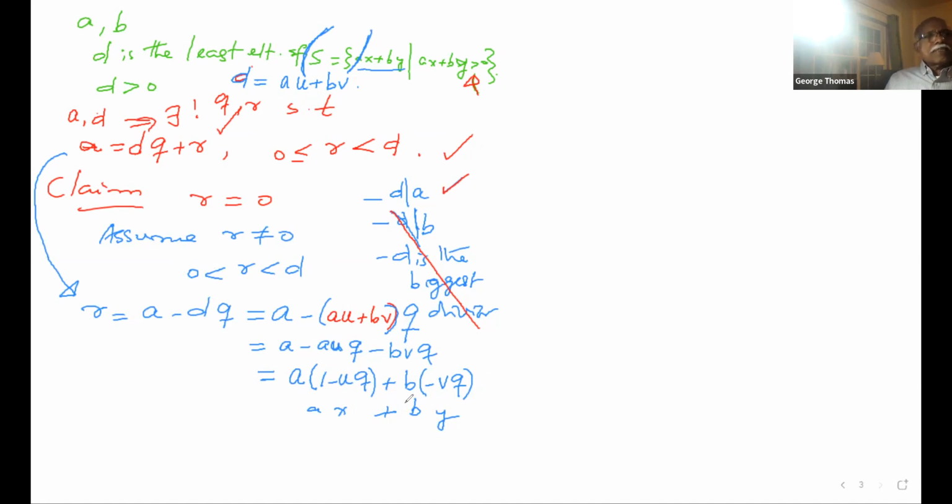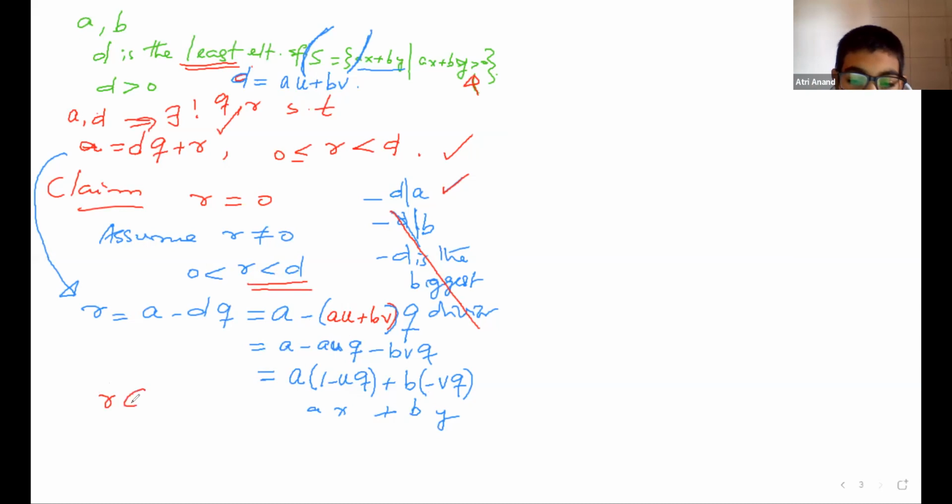If that is in S, no, this cannot be in S. D is the least element in S. R is less than D. Contradiction.